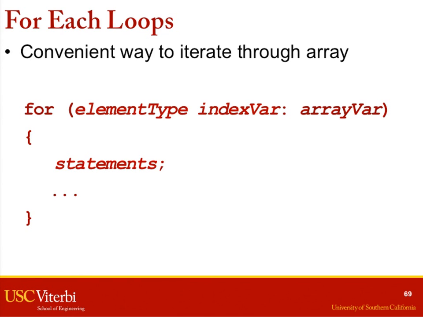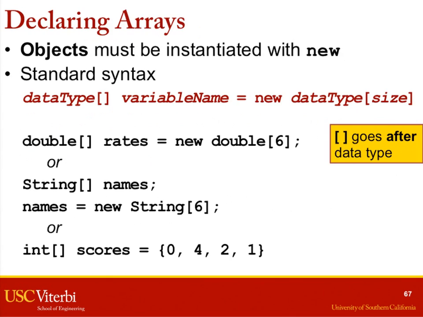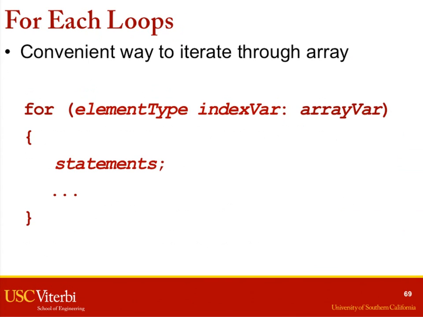What it's going to do for you is you give it the element type, like a double, you give it the variable, and this is your array variable, for example your names variable. Then you give it a new variable name, and it will loop through the array for you.